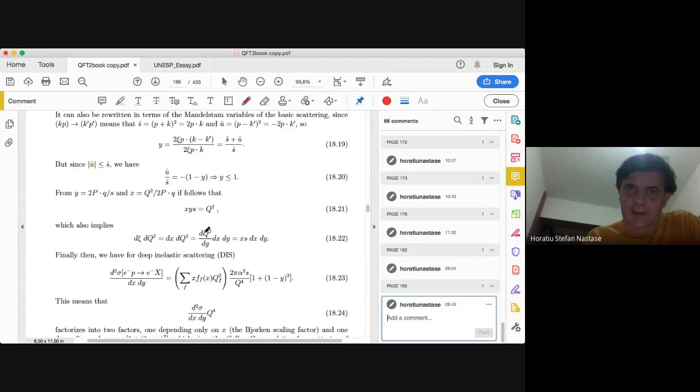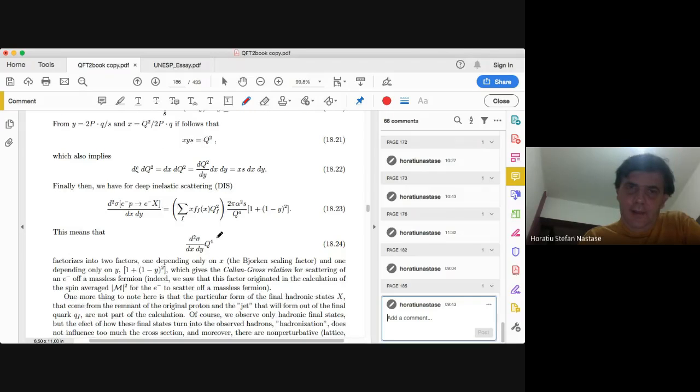But then I write this as dividing by dy, and then dQ squared divided by dy is xs from this. So this is xs dx/dy. So substituting that, I had the d2σ/dx dQ squared, but now I can replace dx/dQ squared with dψ/dQ squared, which is ψ s dx/dy. So I obtain this relation.